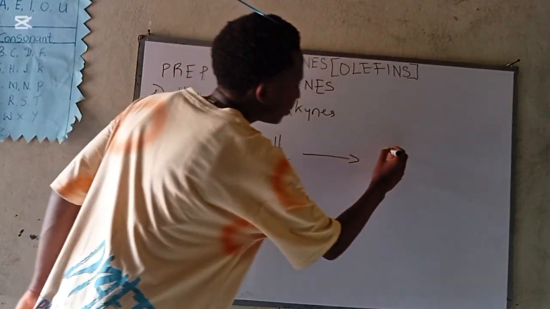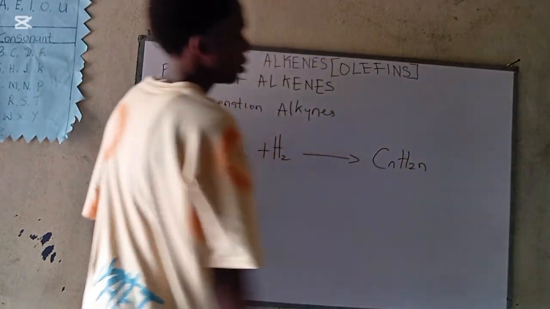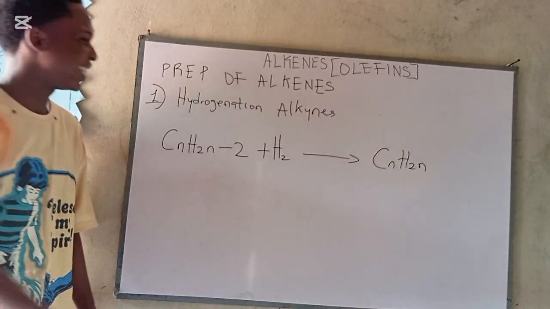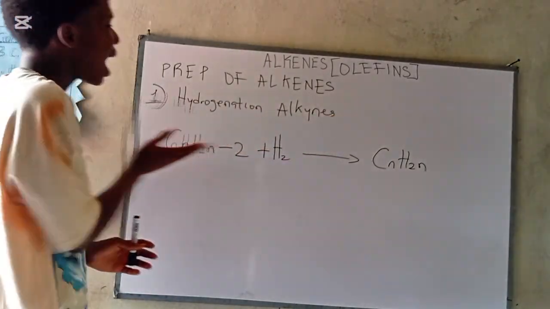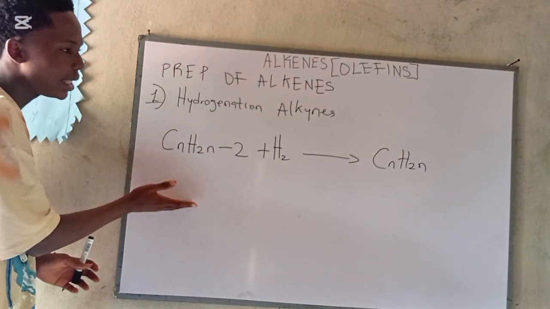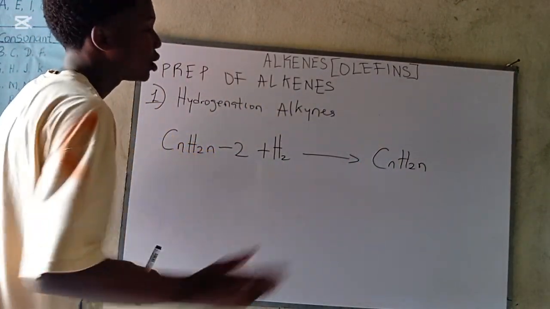So now, the formula for alkene, CnH2n, that's all. Alright, so now this is the general formula. So if you input any alkyne here, it will give you a corresponding alkene. Alright? So get the point.